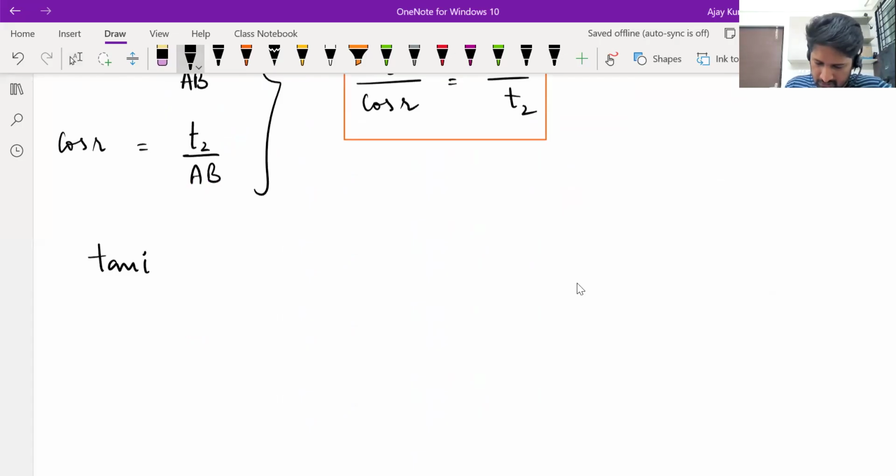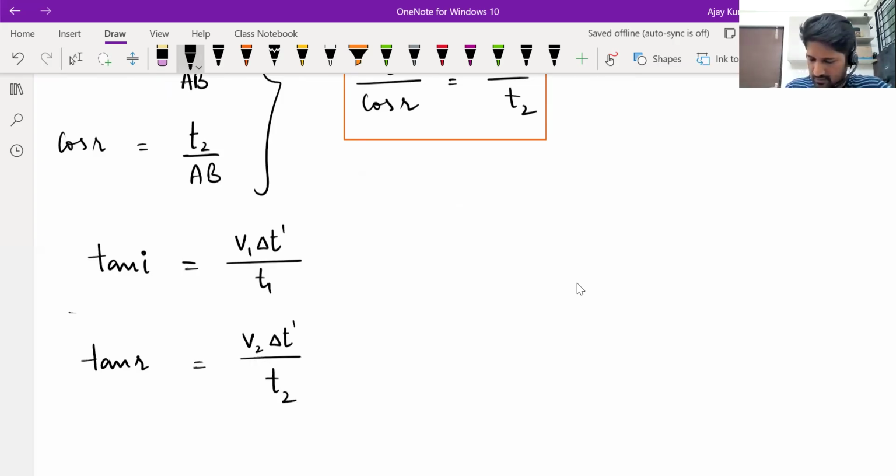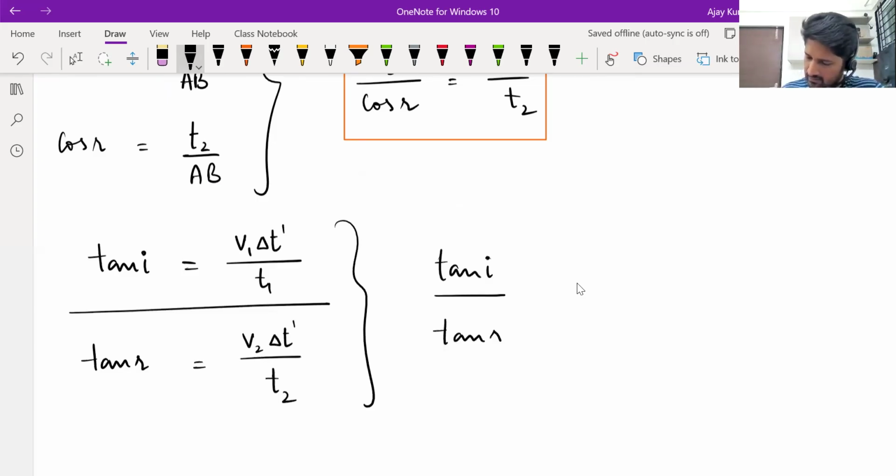That approach also has its own merits. Tan I is V1 delta T dash divided by the width T1, and tan R will be V2 delta T dash divided by the width T2. Divide them. So you get tan I divided by tan R is equal to, delta T dash is common, gets cancelled, V1 thickness T2 divided by V2 thickness T1.